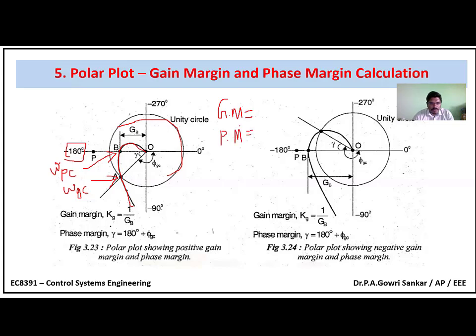The gain margin formula is Kg equal to 1 divided by Gb. To calculate it, from the phase crossover frequency point, see what the magnitude is. 1 divided by that magnitude is called the gain margin.